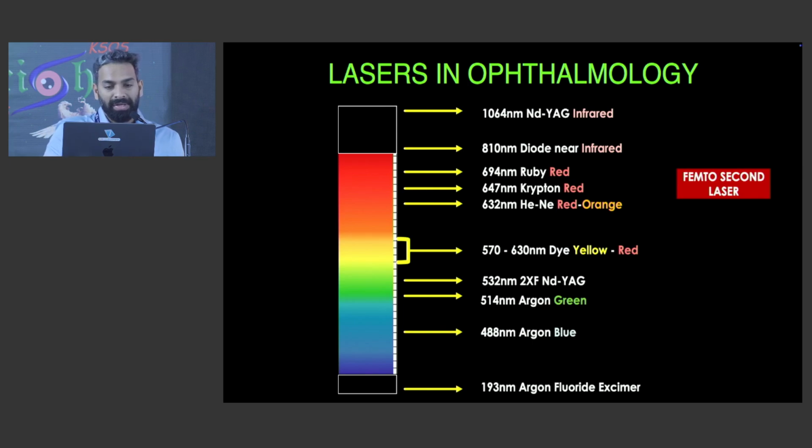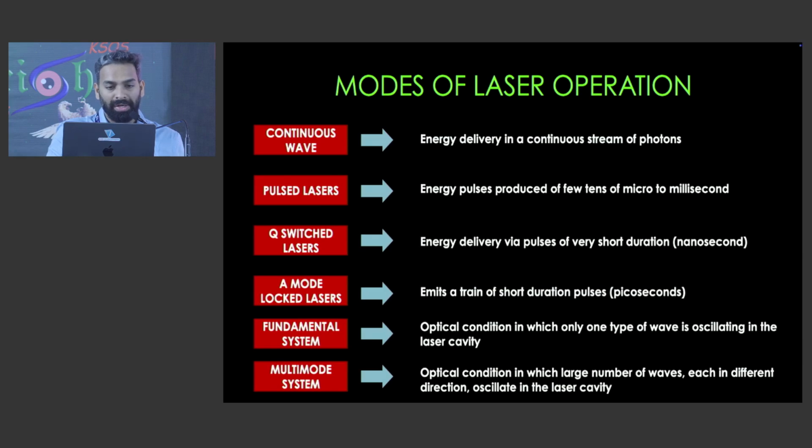Here you can see the frequency and wavelength of particular lasers, starting from 1064, that is Nd:YAG infrared, 810 diode, 694 ruby, and frequency doubled 532 Nd:YAG also. All these lasers of different wavelengths are used in our retinal lasers.